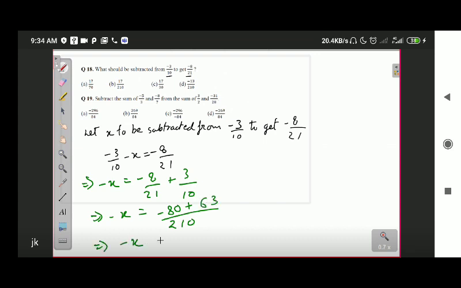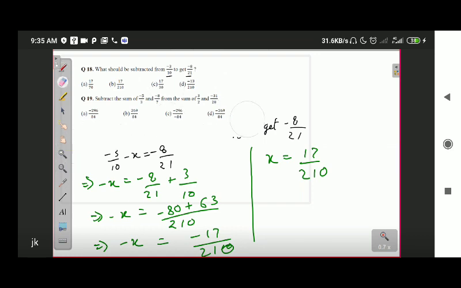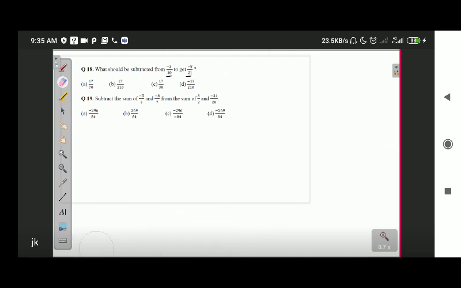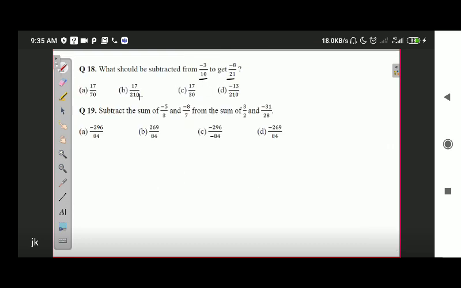Minus x will be equal to minus 17 upon 210, and therefore x will be equal to 17 upon 210, that is option B. So option B is correct.